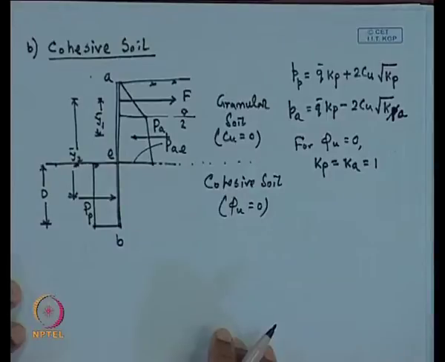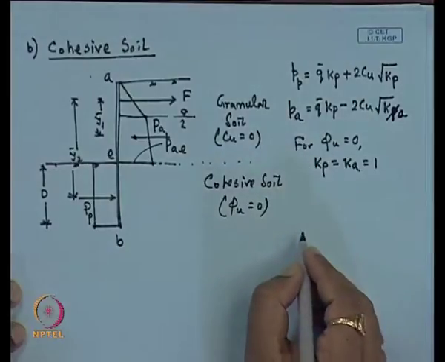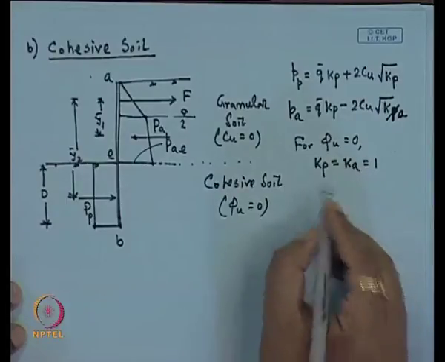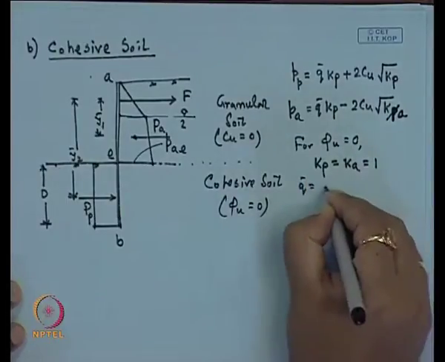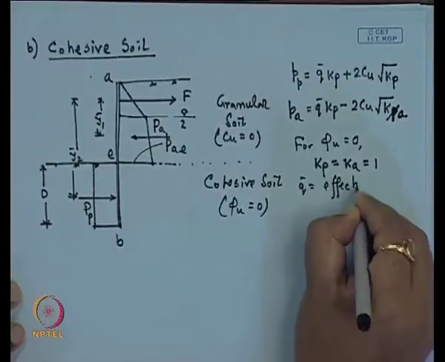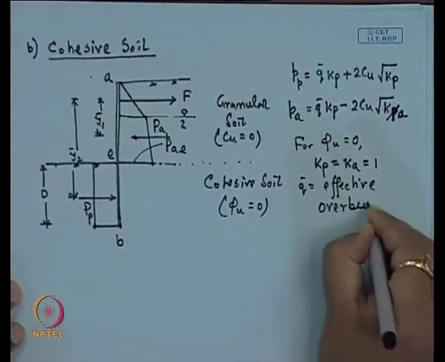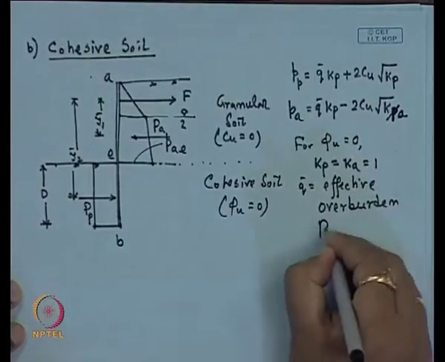So, at the dredge level, now this Q value we can calculate. Q bar is the effective overburden pressure.